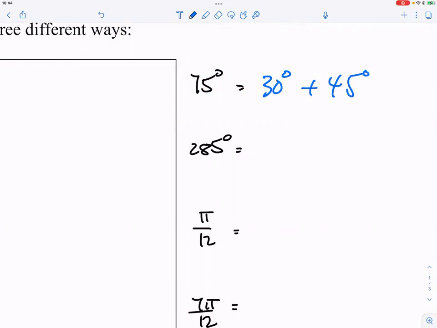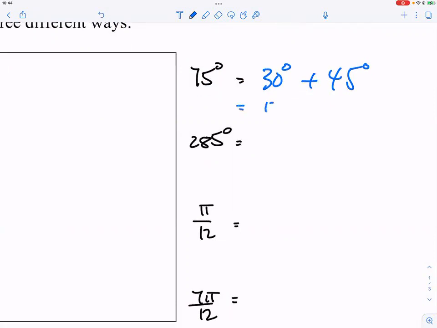Of course, you can definitely use some other things to get this. Someone suggests you can do 120 minus 45. Which one's better? The first one's better. Why? They're both in the first quadrant. That means you do not have to worry about the signs.